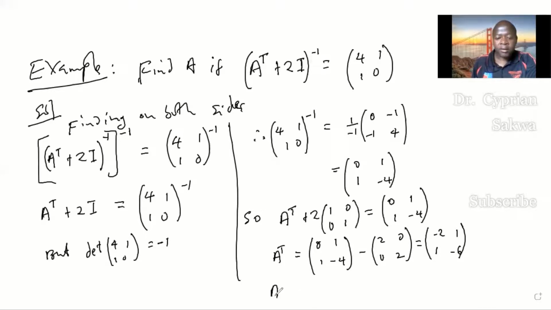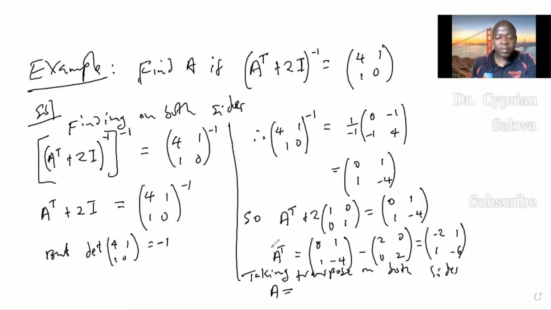What about A? I take the transpose on both sides, because we learned that the transpose of A transpose is A. Taking the transpose on both sides, what do we get?